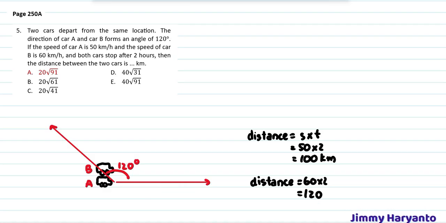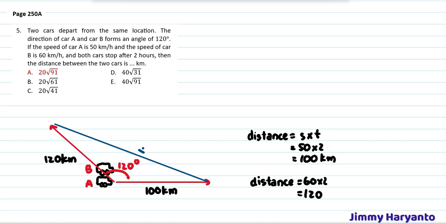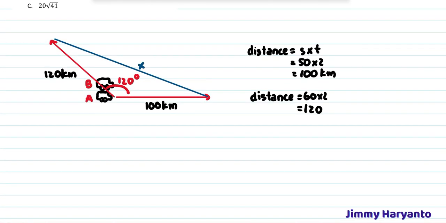So instead of writing the speed, let's write the distance instead. 100 kilometers and 120 kilometers. The question wants you to find the distance between the two cars. That means this one. Then we'll use the cos rule because we only have one angle.